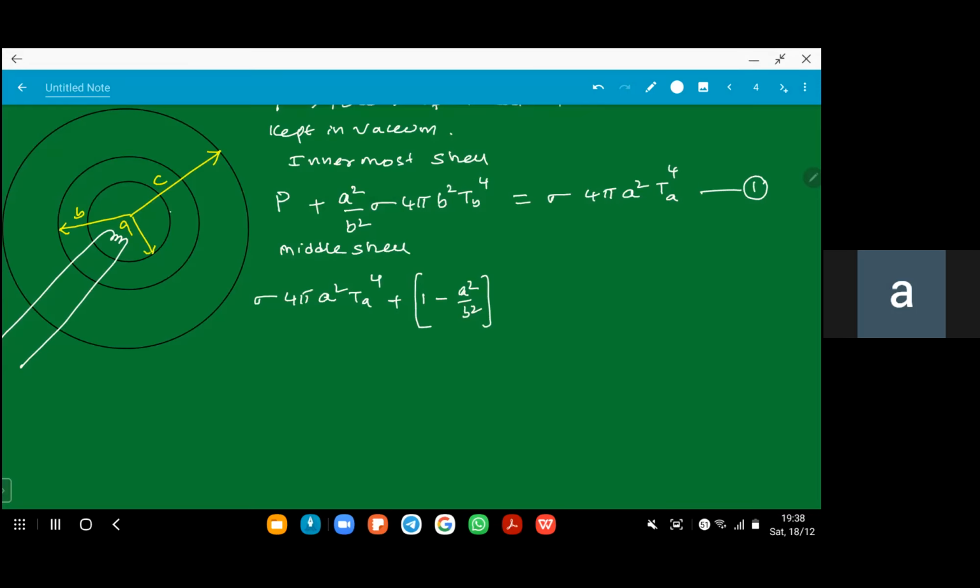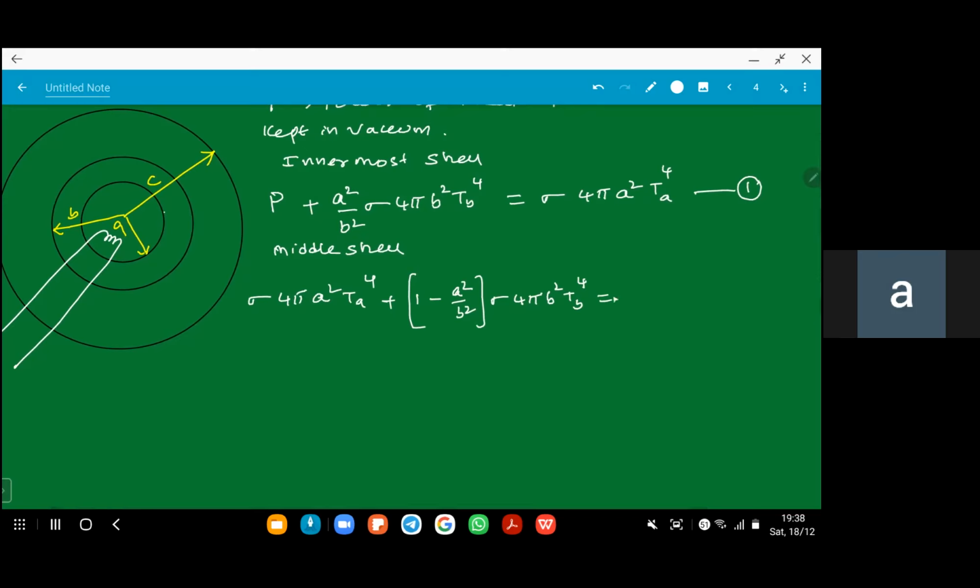So therefore, sigma 4 pi B square TB power 4 is, of course, here I need to add one more. What is by C? C is here, B is here, A is here. C is also doing the same job as what we have here.